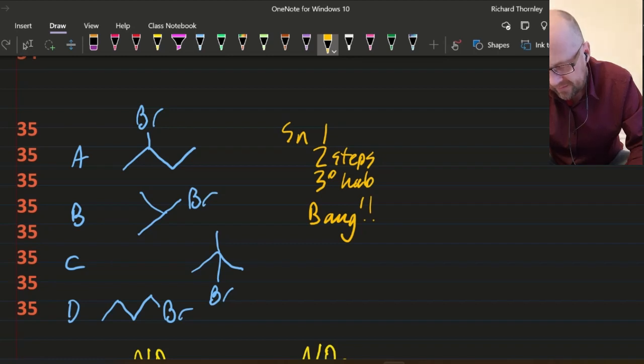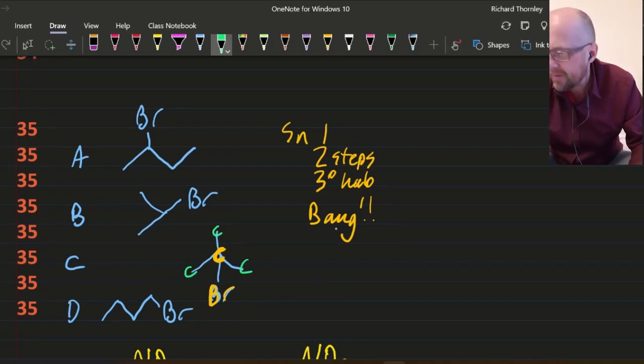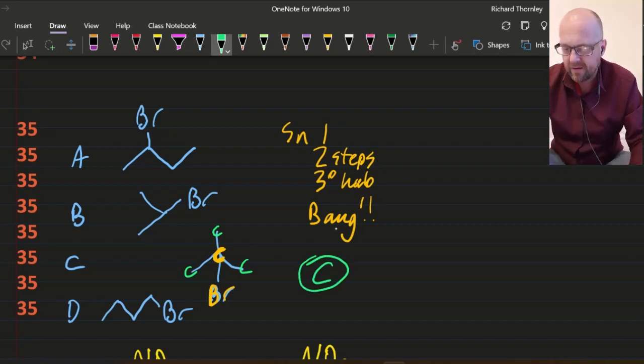And I think it's C, isn't it? So find the halogen, find the carbon attached to it. How many carbons directly attached to that one? 1, 2, 3. So that's a tertiary haloalkane. So 35 is C. Yep.